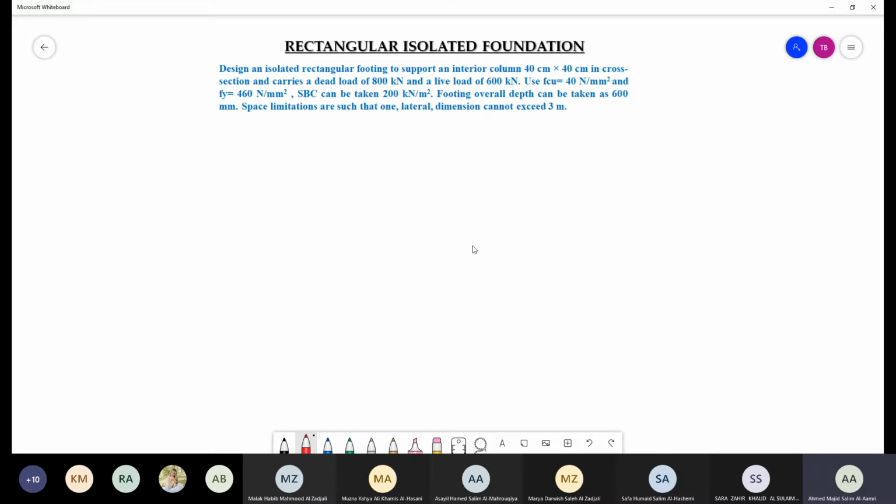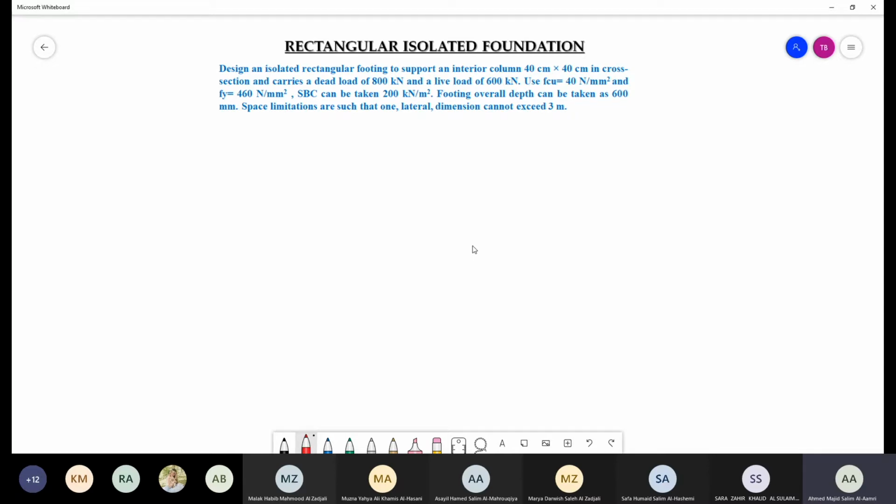So we are going to start directly with today's problem, in which we are going to solve a rectangular isolated foundation. In the previous classes, we completed the square isolated foundation.